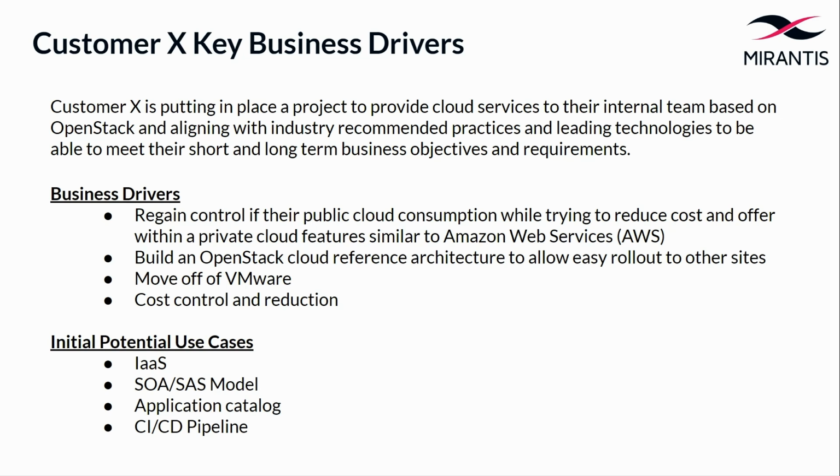And so they decided to start with a reference architecture from Mirantis, and then the first target was to move everything that was on VMware off. So now they'd have a private cloud with their stuff, and they'd have the Amazon services stuff in their public cloud, and then they'd eventually reduce that by moving things into their private environment.